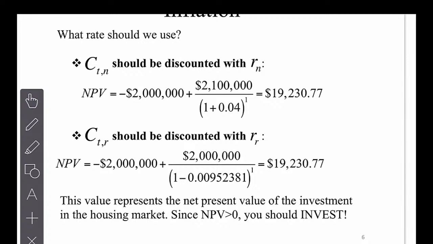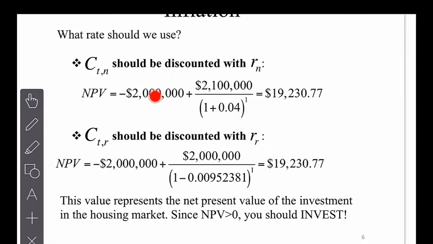These are the nominal cash flows associated with purchasing the house. So spending $2 million today gives me the value of $2,100,000 next year, which I would discount at 4%.